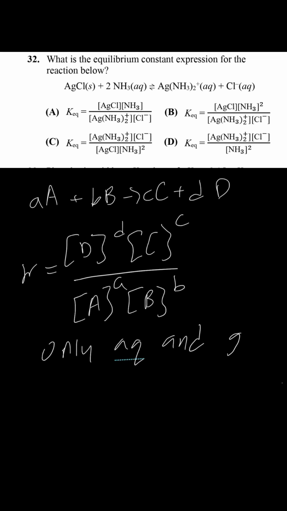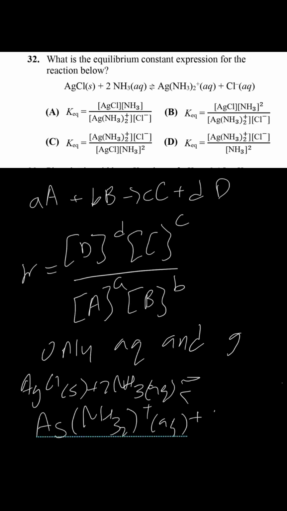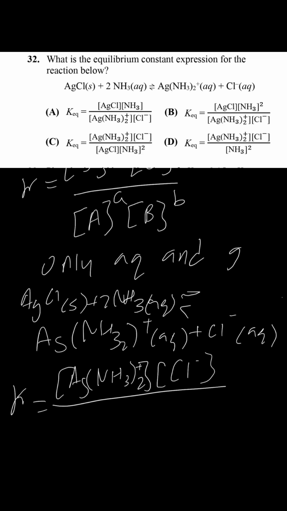And so from there, we can see that since we have AgCl solid plus 2NH3 aqueous goes to Ag(NH3)2 plus aqueous plus Cl minus aqueous, if we consider the products over the reactants, we get K equals [Ag(NH3)2+] times [Cl-] over [NH3] squared.